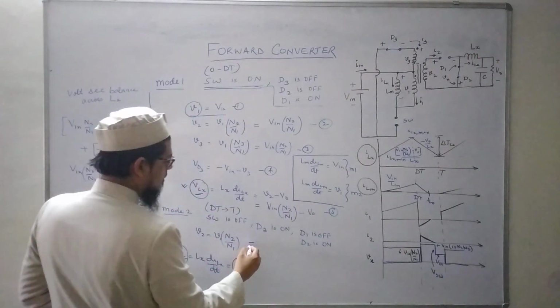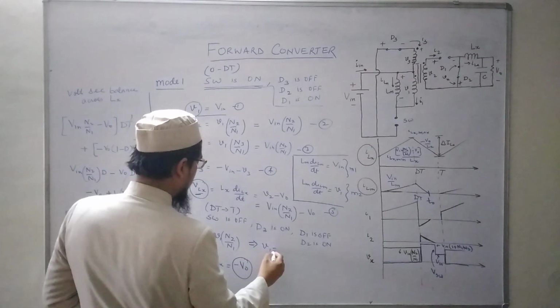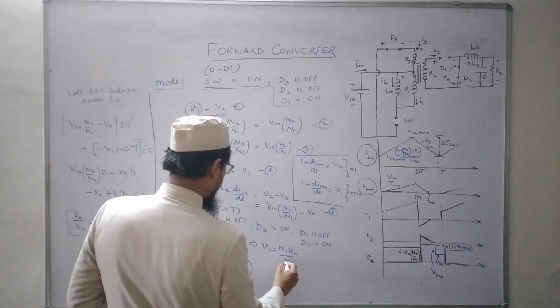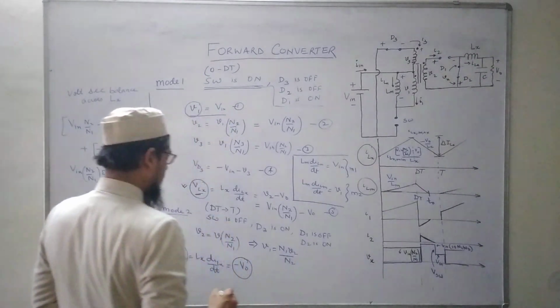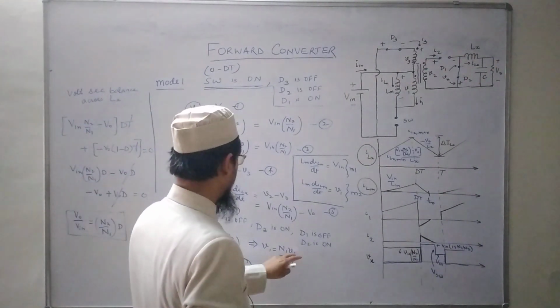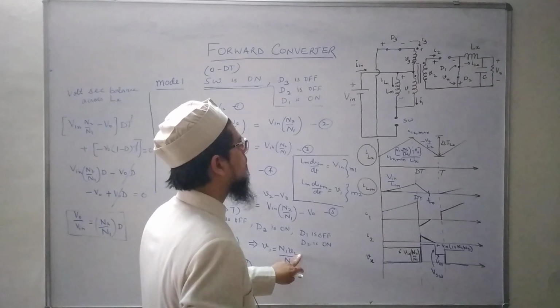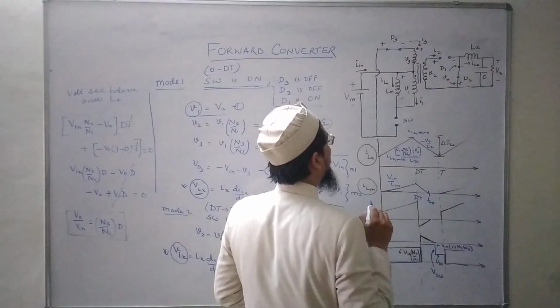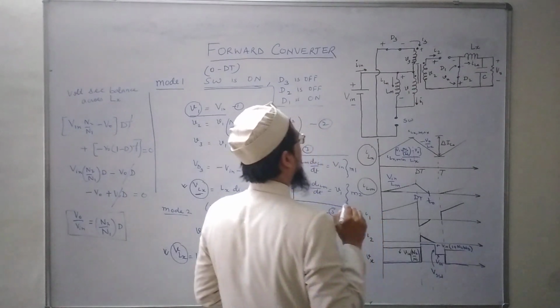So V1 is equal to N1 V2 by N2. Fine. And what about V2? How to find out V2?